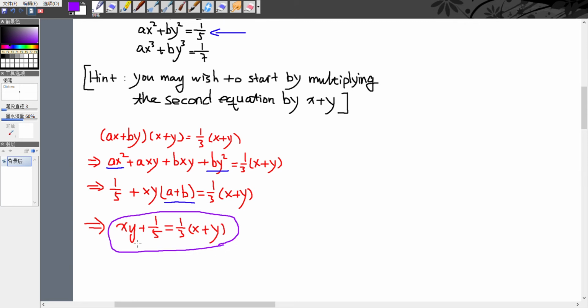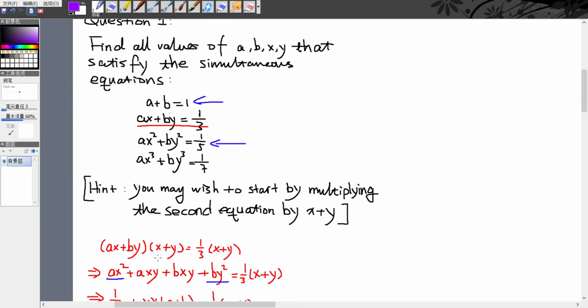It gives us an equation that relates x and y. So if we work out another equation that looks just like this, composed of an xy term and an x plus y term, then we may solve x and y.